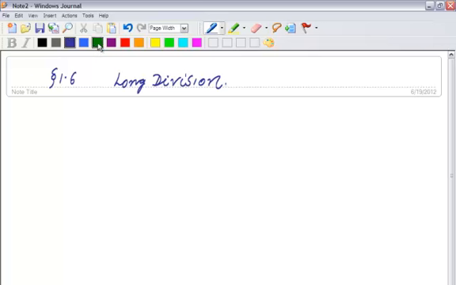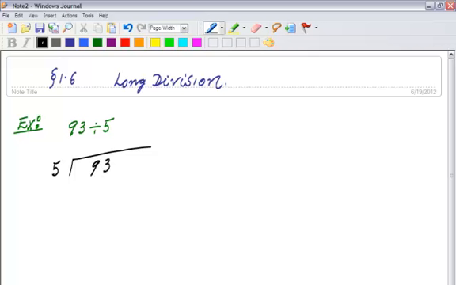So my first example, let's say, is that I want to divide 93 by 5, okay, by using long division. So here's my 5 and here is 93.